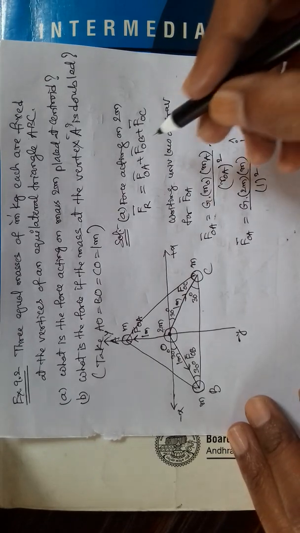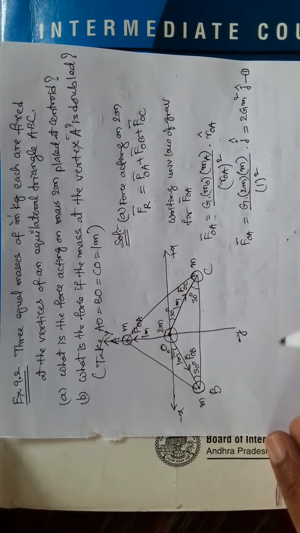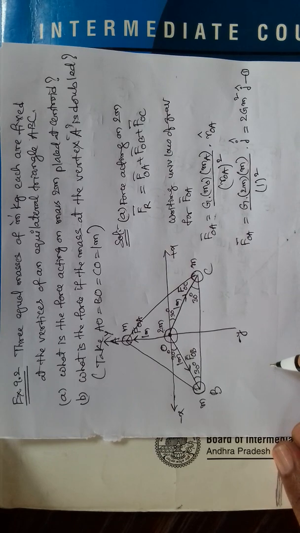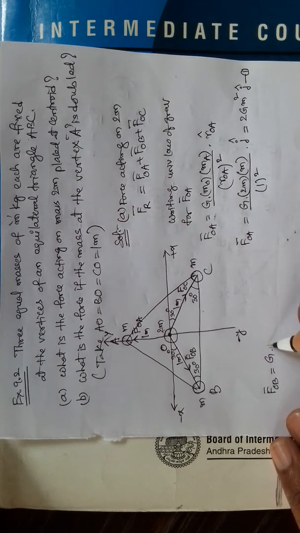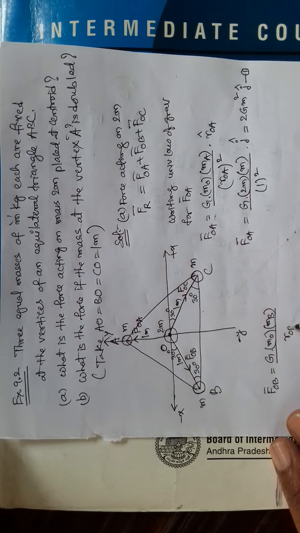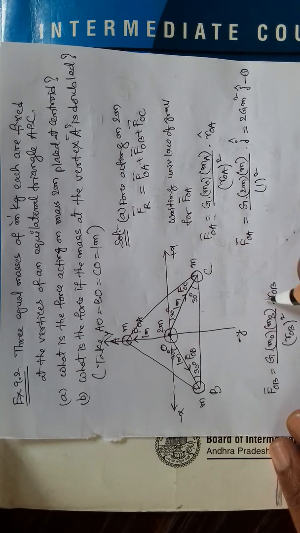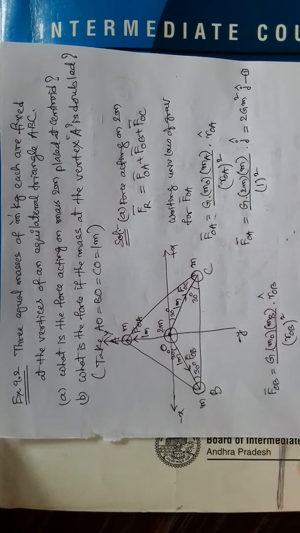Now let us find FOB. Capital G into MO, MB divided by ROB square into unit vector ROB.